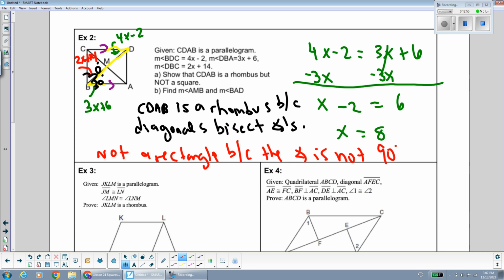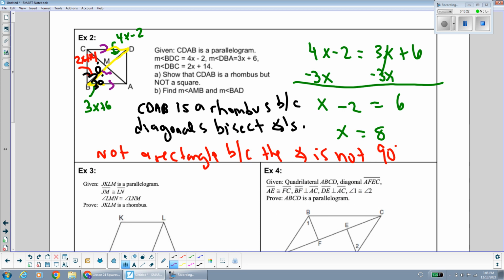The next part says find the measure of angle AMB. So if this is a rhombus, the diagonals are perpendicular, so where they intersect, there are right angles. So AMB would be a 90-degree right angle. And BAD, well, it's not a right angle because this is not a rectangle. So we do know that rhombuses have parallelogram properties, and we know it's a parallelogram.